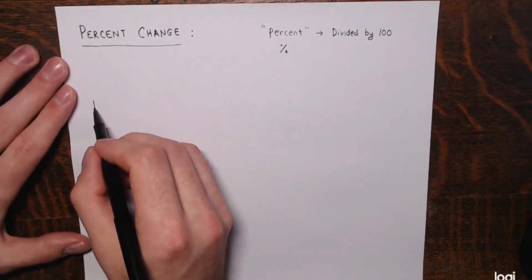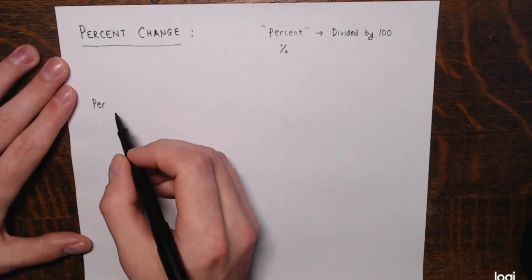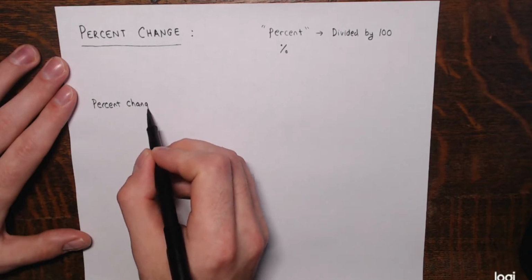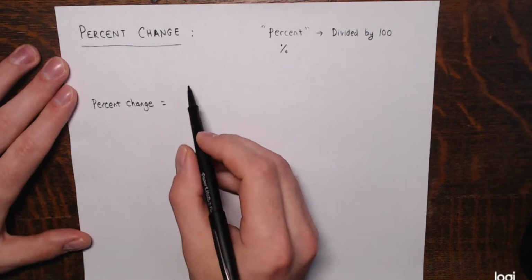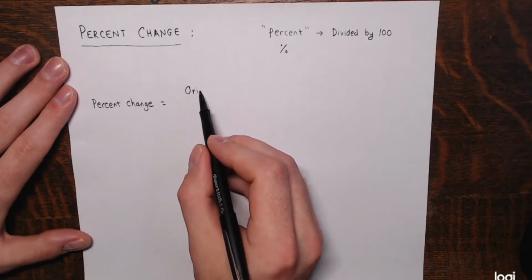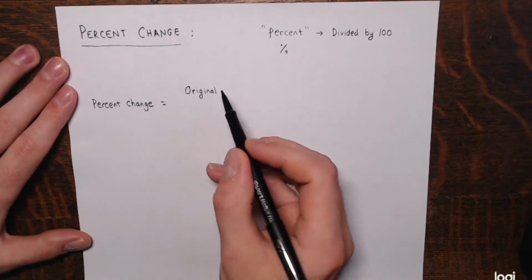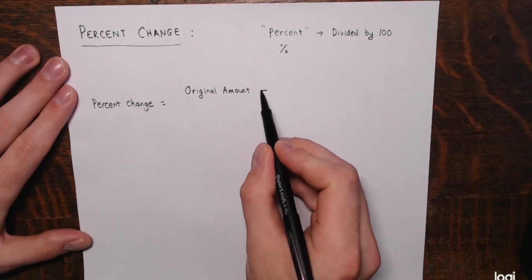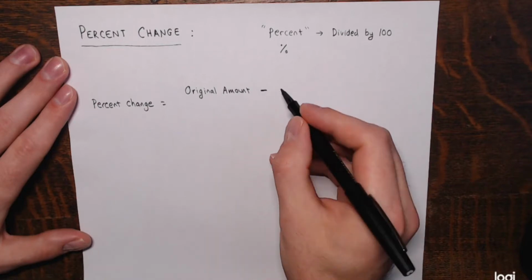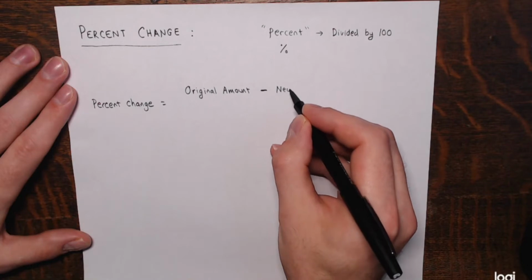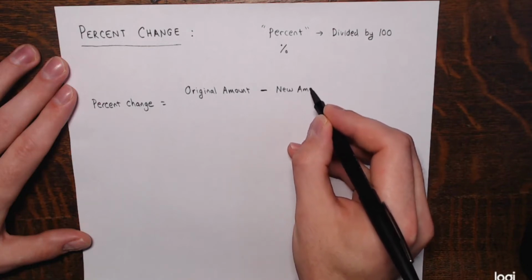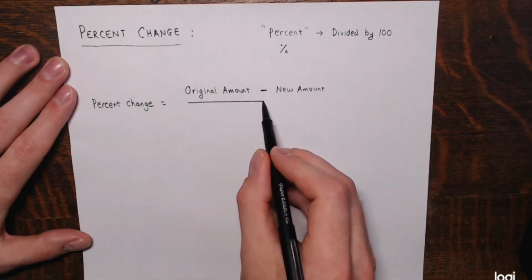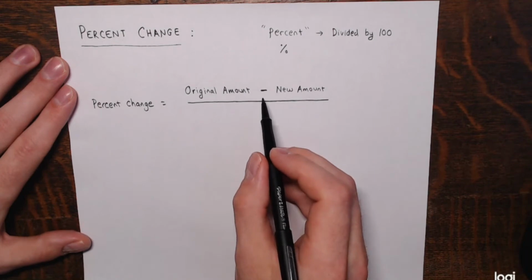So to calculate by what percentage some amount changed, you do the following. You take the original amount and subtract the new amount, the amount it changed to, and then you ask yourself, what percentage is this of the original amount?